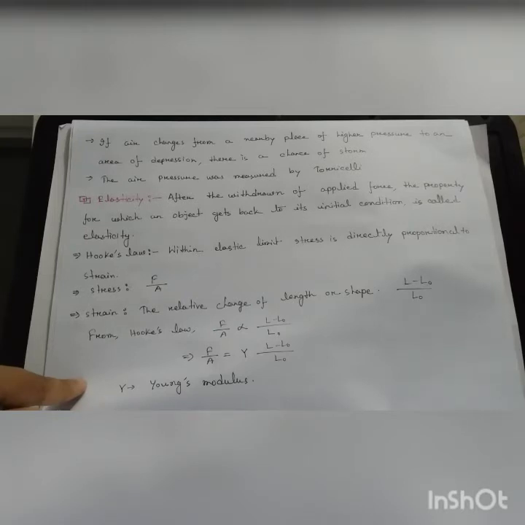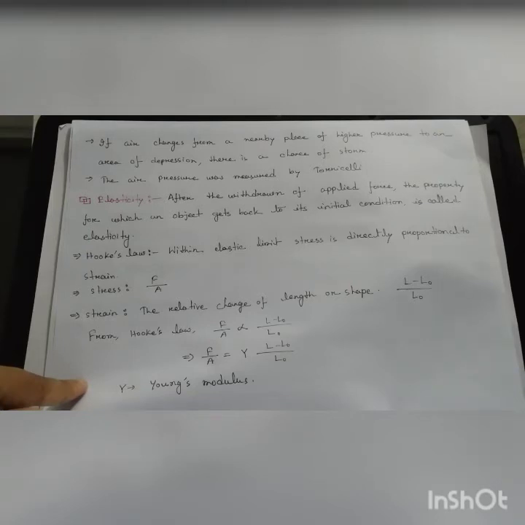And then finally we will focus on another topic, elasticity. What is elasticity? After the withdrawal of applied force, the property by which an object gets back to its initial condition is called elasticity.